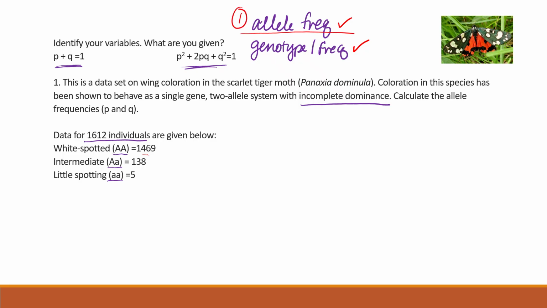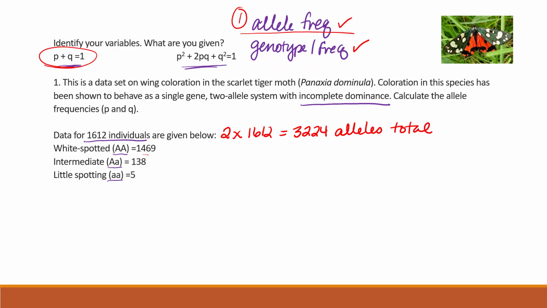So we're going to do the allele frequency direction first, which means we're going to directly calculate P and Q. So if we have 1,612 individuals total, that means we have 2 alleles per individual. So in our population, we have 3,224 alleles total.